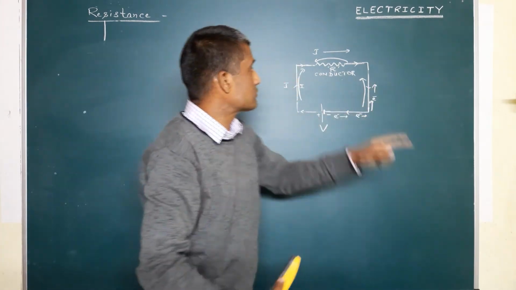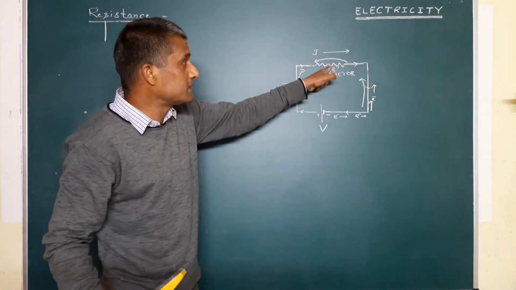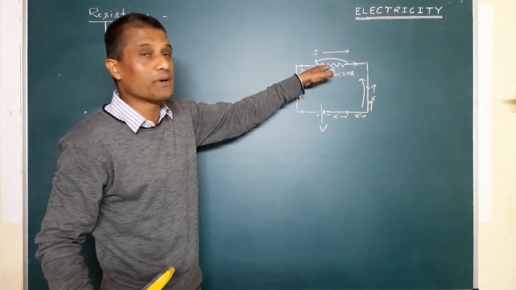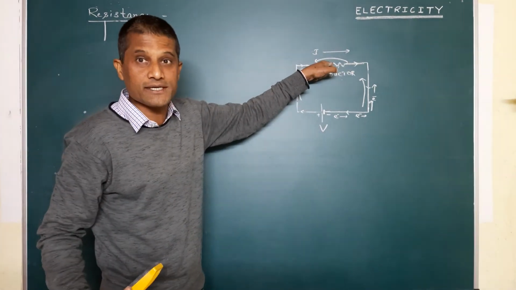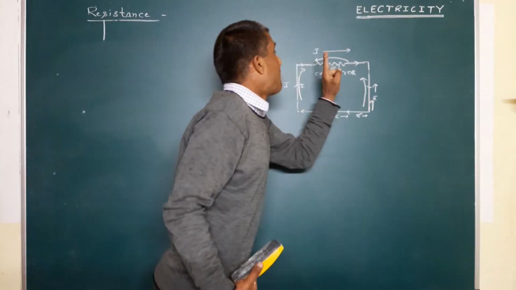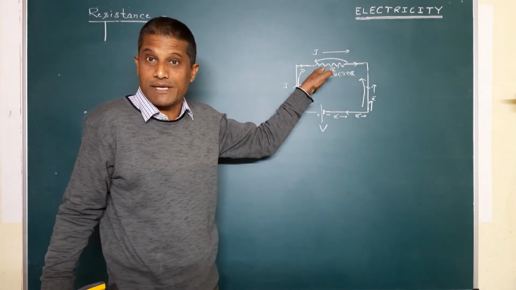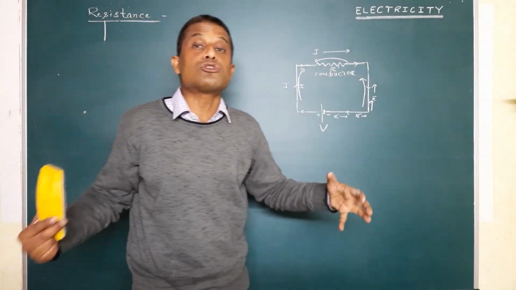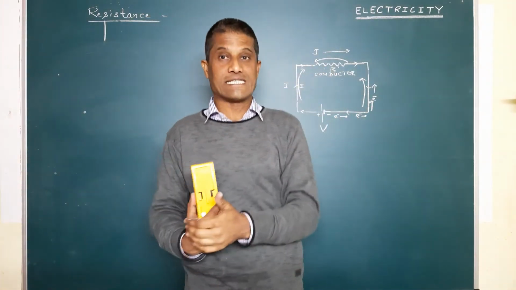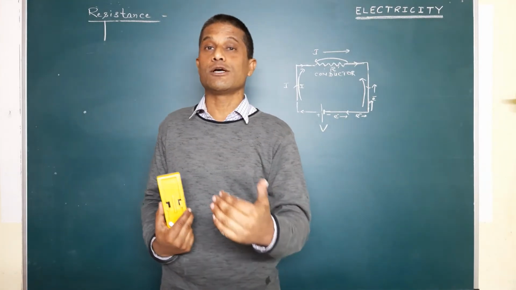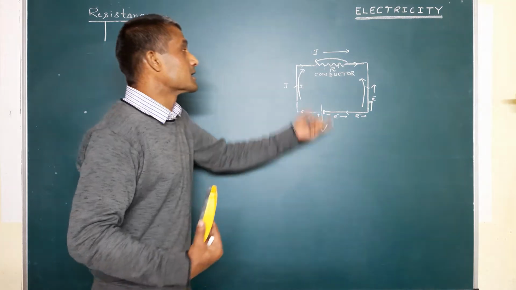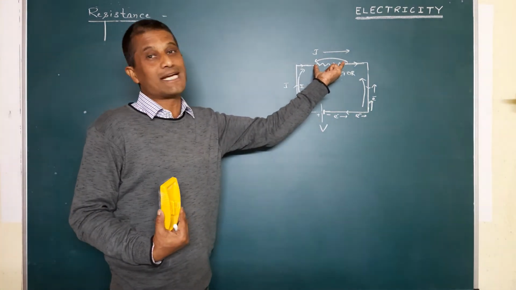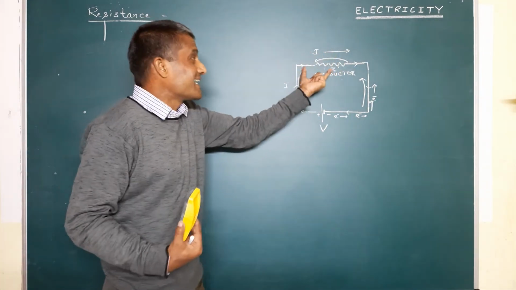Secondly, electrons are going to collide with the ions present in that conductor. Electrons are going to collide with the atoms present in that conductor. Due to these countless collisions, the flow of electrons, or electric current, is being opposed by that conductor.